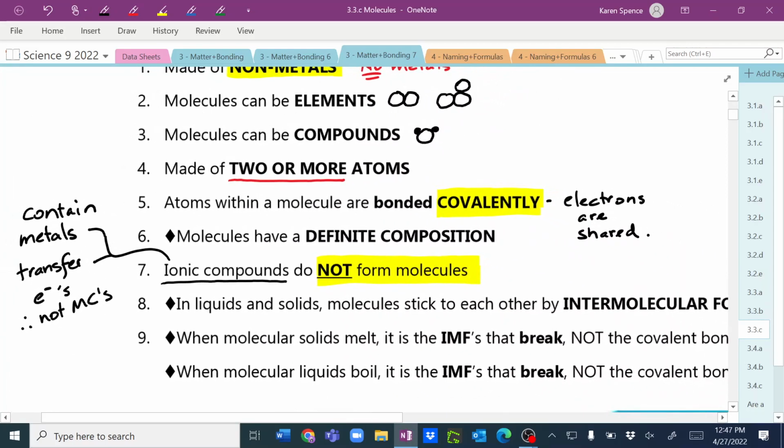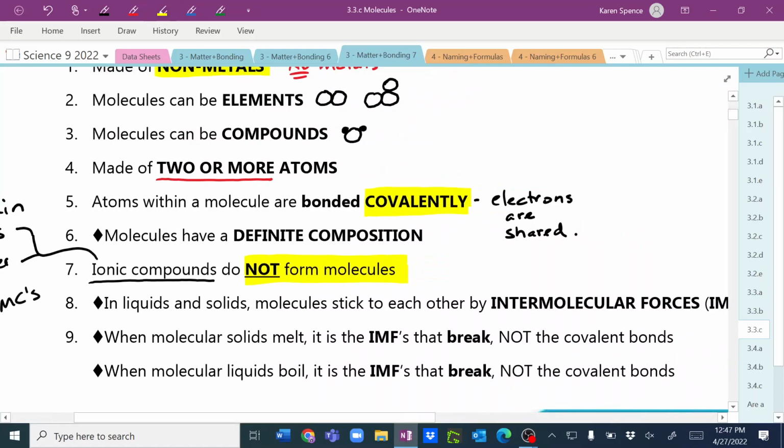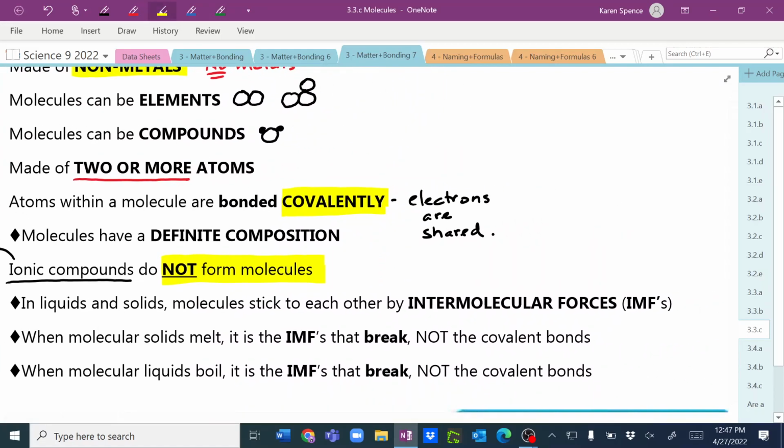Some other enriched points, but I'm going to bring them to your attention because you will hear these words come up again. All right, in liquids and solids, you know how the molecules are closely packed together? They're really tight right next to each other. In between the molecules, do you remember what inter means?